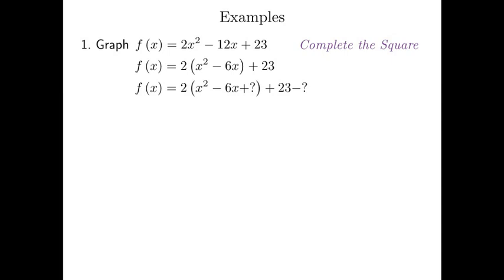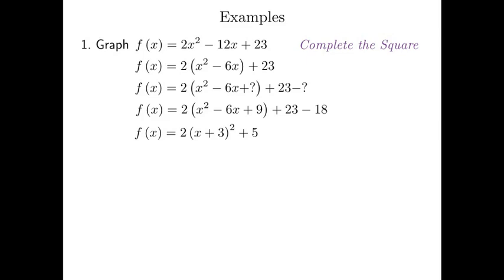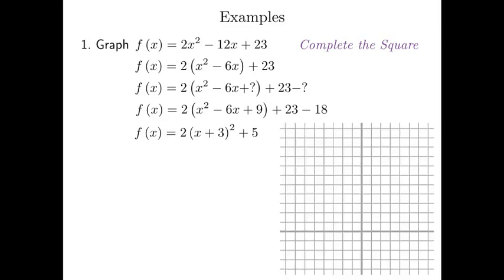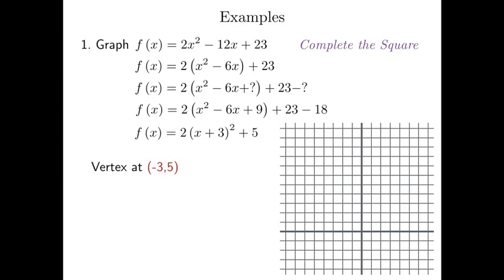So here we go. There's our 9, there's our -18. After some simplification, we can factor that term in parentheses, and we get 2 quantity x plus 3 squared plus 5. So, how are we going to graph this? Well, let's find the vertex first. We're at -3, 5. So, in order to get there, we need to move left 3.